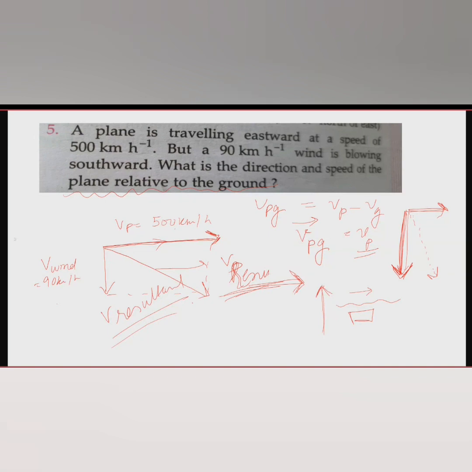Okay, so don't get confused by the language used in the question. Just because it's written find the speed relative to the ground, don't take the velocity of plane as negative, or the velocity of wind as negative. You will simply find the resultant, and then to find the relative velocity you will do velocity of plane minus velocity of ground. Okay. Ma'am, yes.